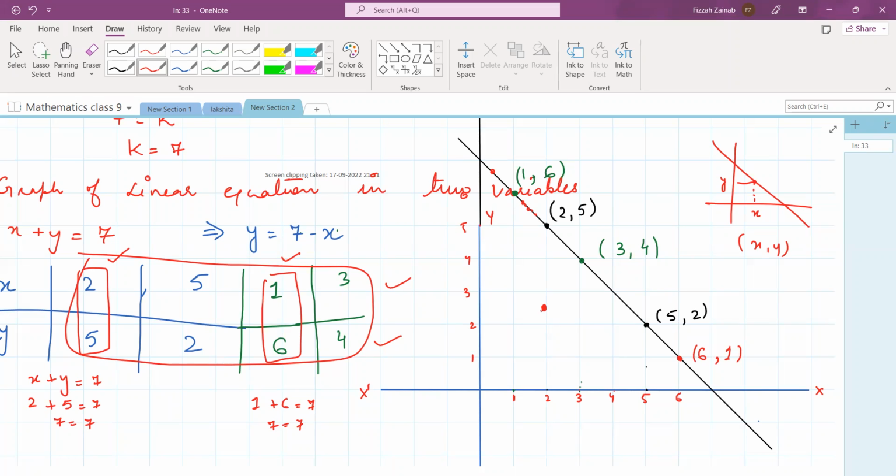It will not be a solution because I'm saying that all the solutions will lie on the line only, right? So any point which is not a part of this line, which is not falling on this line, is not a solution of this linear equation. Understand, Zainab? Yes, ma'am. Zainab, is this understood? Yes, ma'am. Okay.